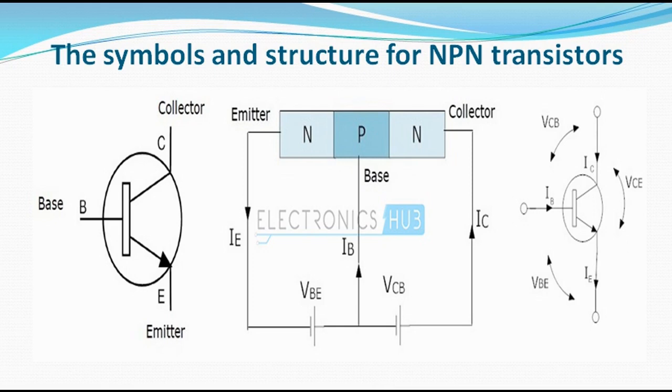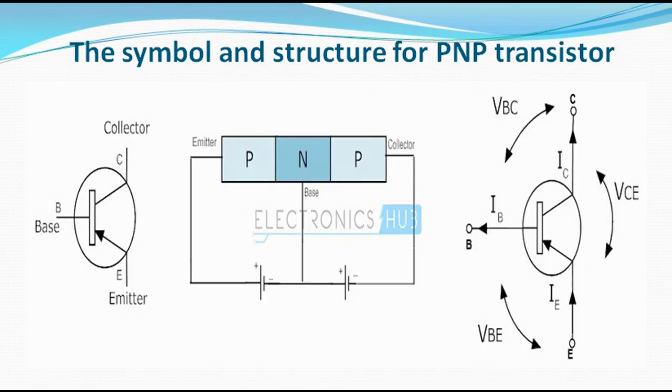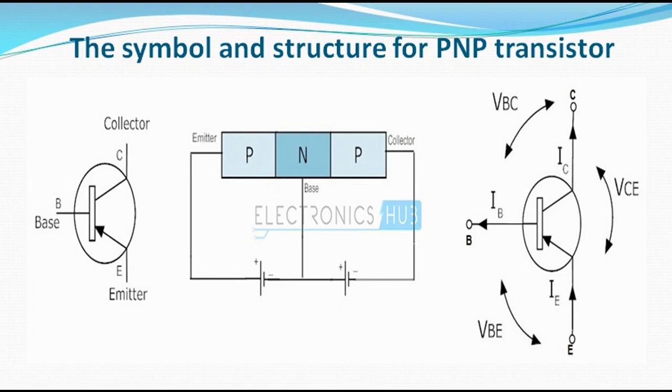I also want you to see the configuration, the symbol and the structure for PNP as well. This is how it looks. It signifies the same thing as I said in my earlier explanation.